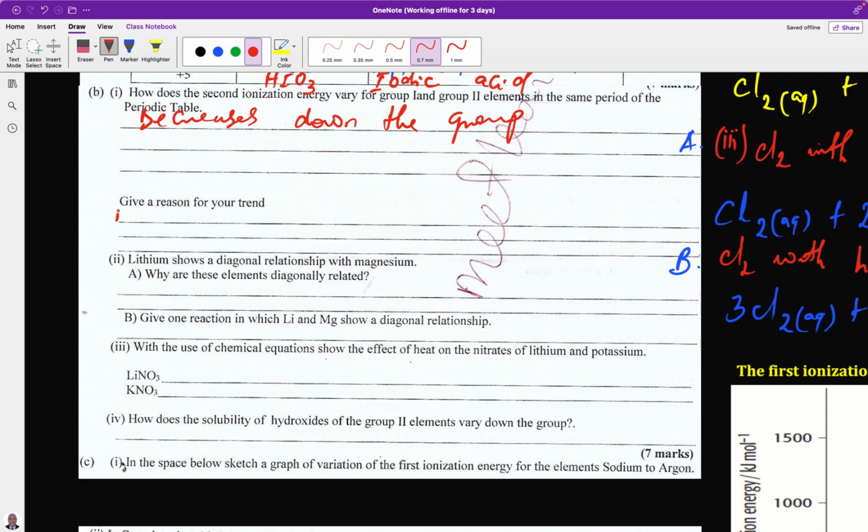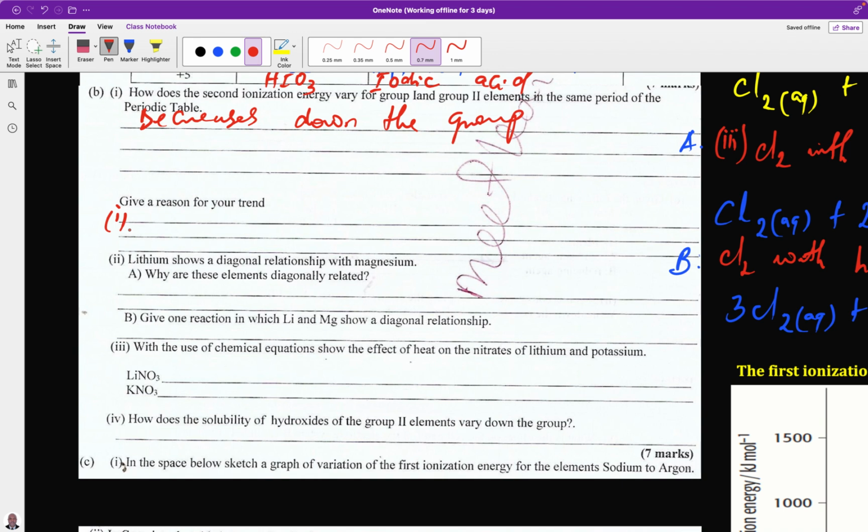As you go down the group of the periodic table, what happens? The number of shells is increasing. As the number of shells increases, the valence electrons go further away from the attraction of the nucleus. As they go further away, the attractive force between the nucleus and the valence electron is decreasing, and less energy is required to remove the second electron.